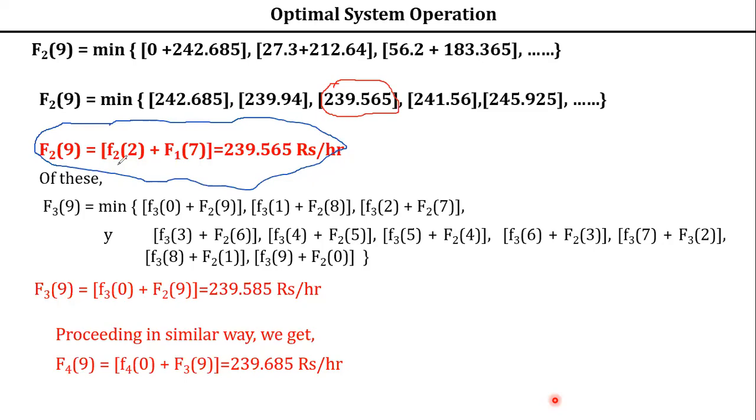For 7 megawatt, F1 of 7, F2 of 7, F3 of 7, F4 of 7. This you have to calculate for all the loads, and you have to prepare a table that is known as your unit commitment table.